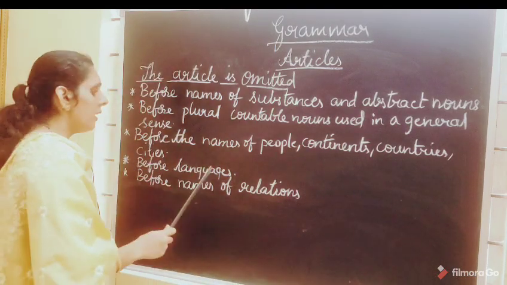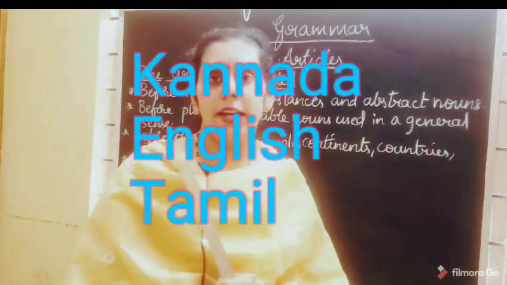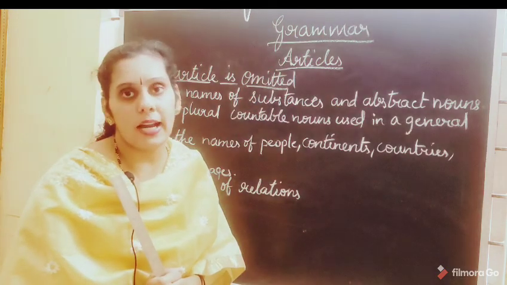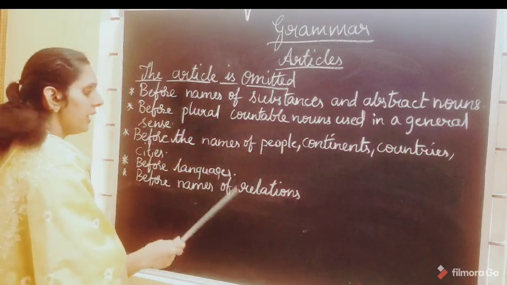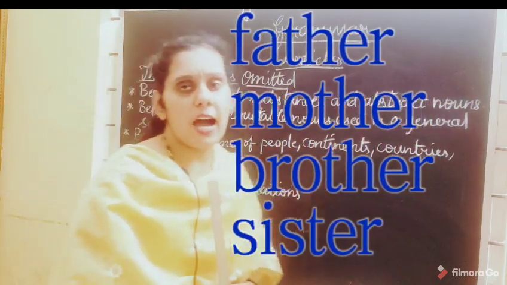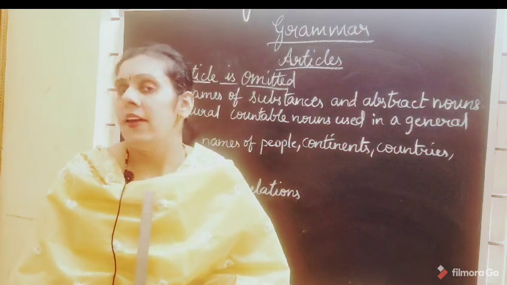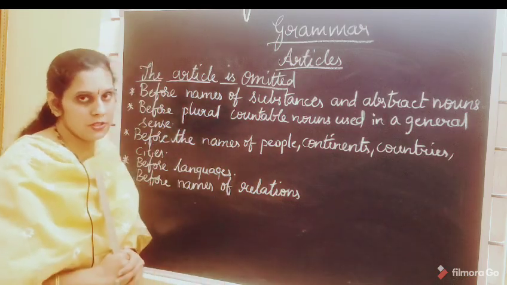Next, before languages like Kannada, English, Tamil, Hindi, no article. Next, before names of relations like father, mother, brother, sister, aunt, uncle, also no article. Hope you all have understood, students.